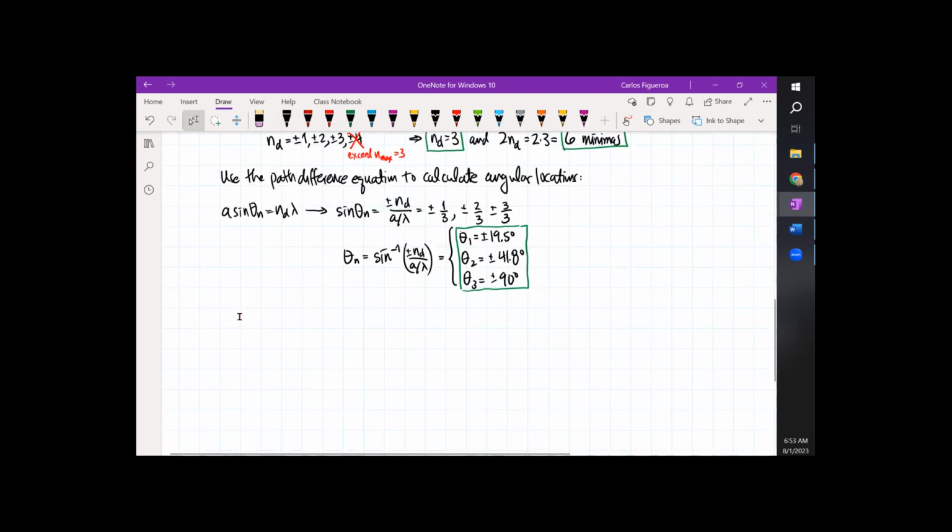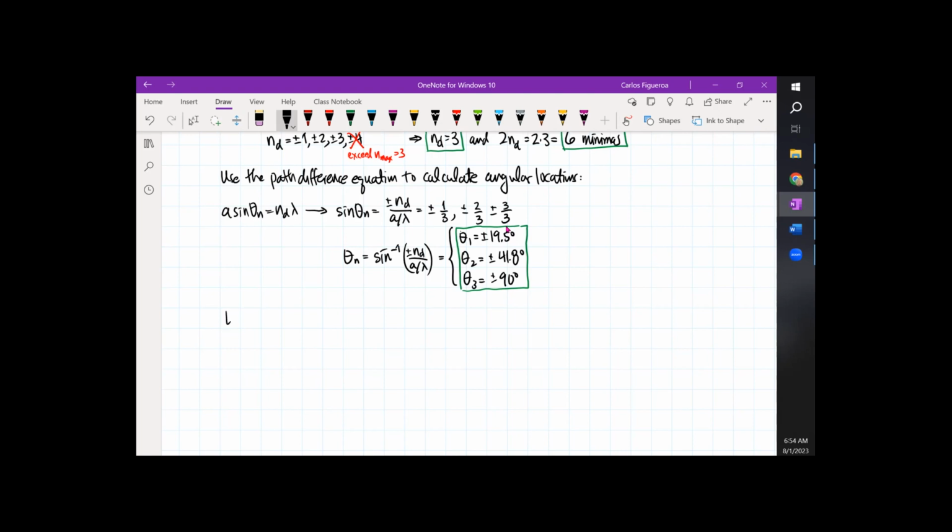Now, let's look at this. What I want to do is check the small angle approximation. One of the things that we said here is that a key separation between interference, which allows the small angle approximation the vast majority of the time, versus diffraction, which does not allow the small angle approximation. Let's see if we can validate that statement.